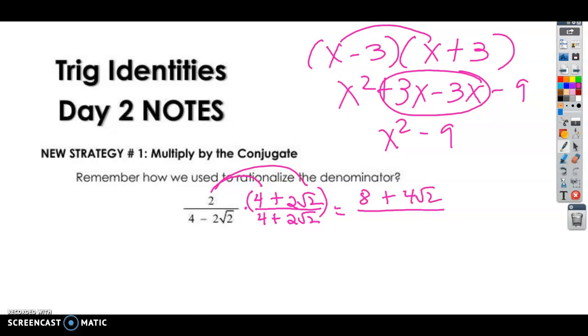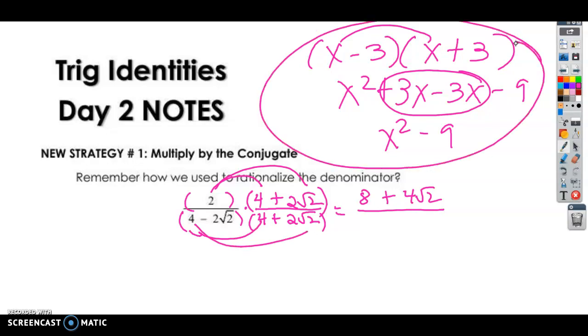Our denominator now is, and there's parentheses here, they don't ever put them, but they're around the numerator and the denominator, okay? When you multiply these two, just like up here, the middle terms are going to cancel. So what you'll end up having is 16 minus 2 times 2 is 4 times root 2 is just 2. So now our radical is not in our denominator, which is exactly what we wanted.